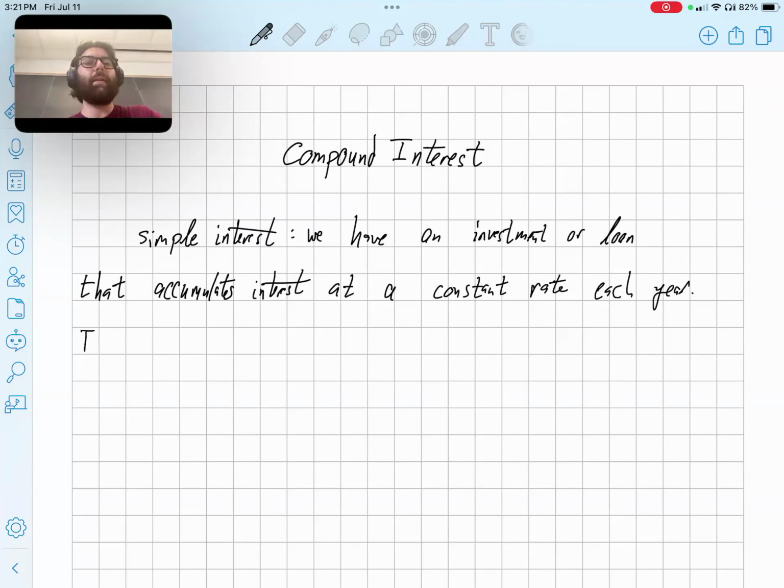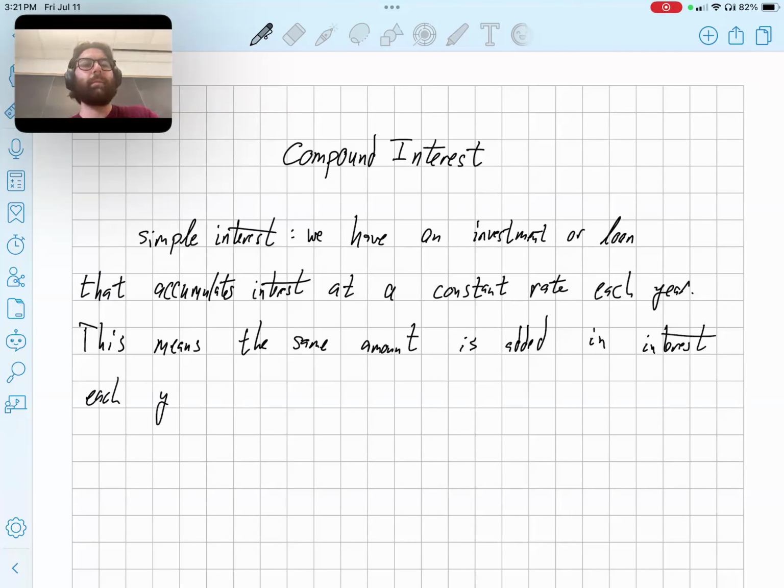And what this means is, the same amount is added in interest each year. And this is a percentage of the principal.